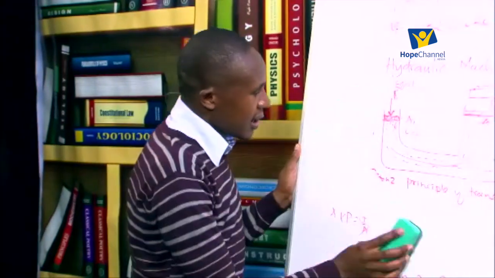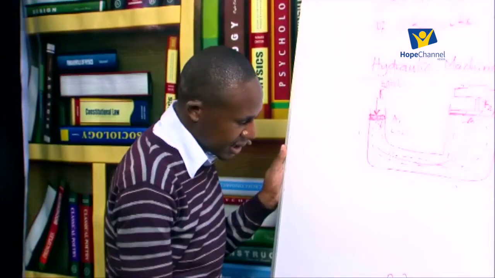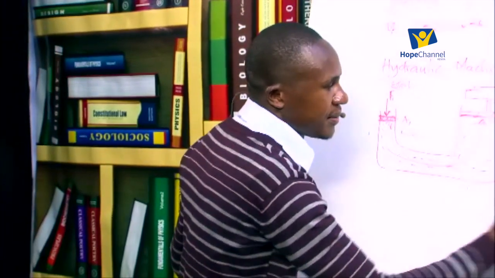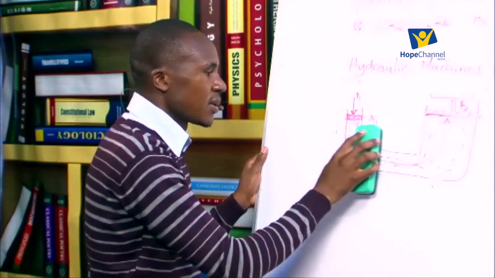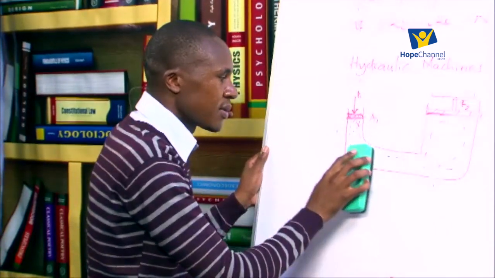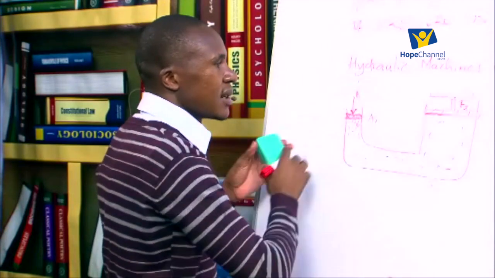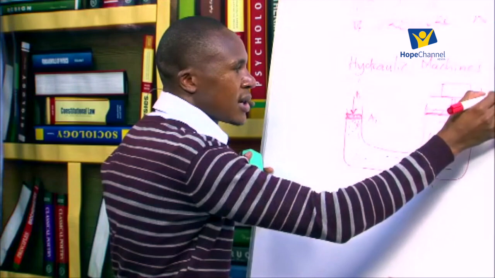So the figure, let me maintain the same figure, but now insert some values. The figure below shows a hydraulic lift with a load placed on top of it. That is the load.